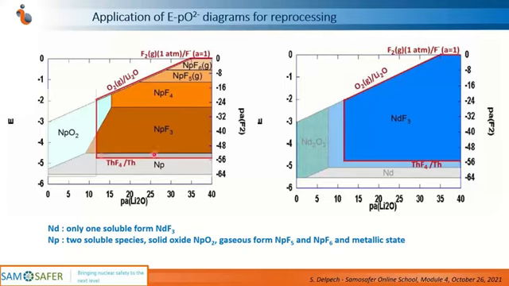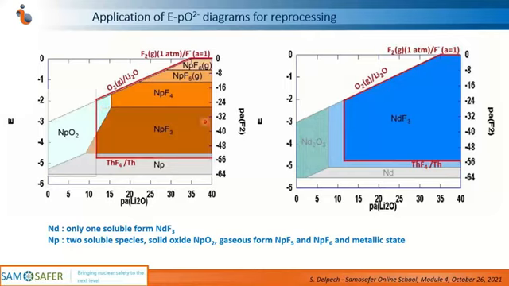At lower potential values, we can see the possibility of reducing NpF3 to Np metal, so we can do its reduction by electrolysis, for example. And we also have a very small domain with NpO2, so we can do the precipitation of neptunium oxide.